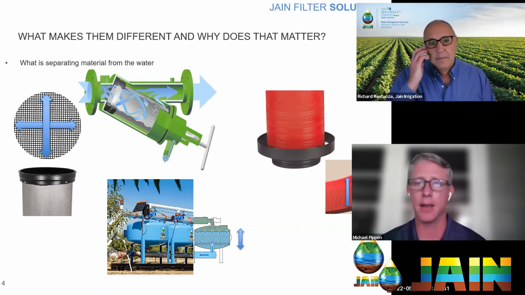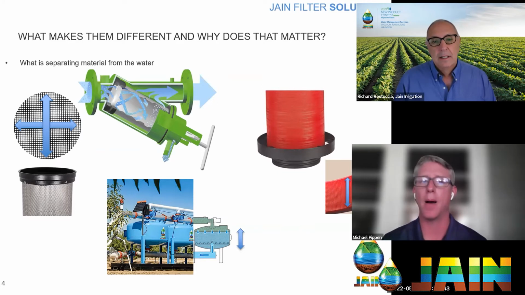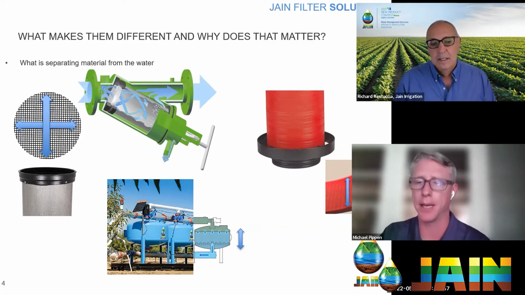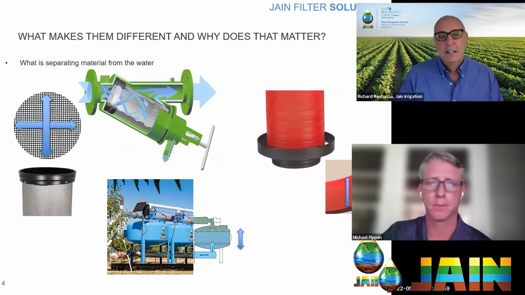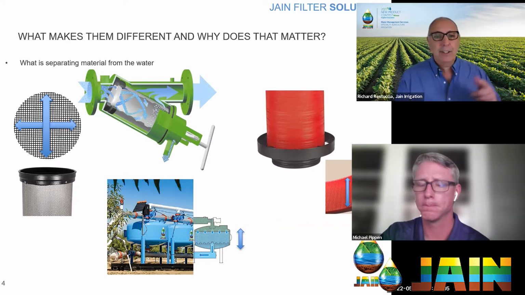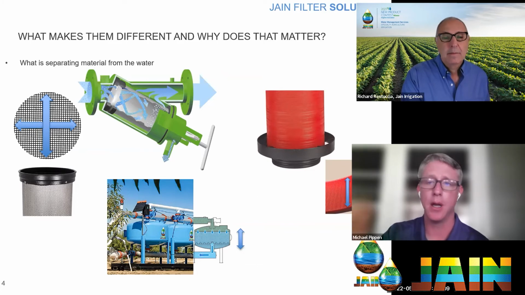There's not always a clear-cut best, but the material that is actually doing the filtration really drives a lot of our decisions on which product to select. They all work in individual applications a little bit differently. So a disc filter might be better at catching a certain kind of debris than a screen filter is. Yes, correct, and vice versa.